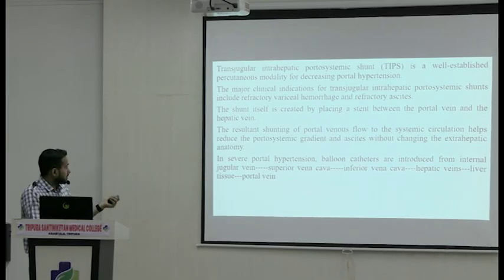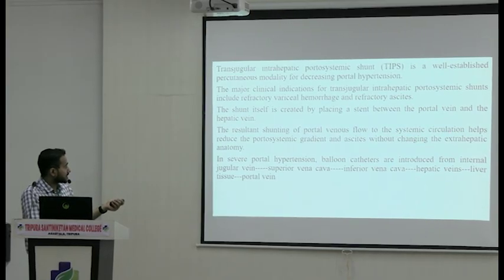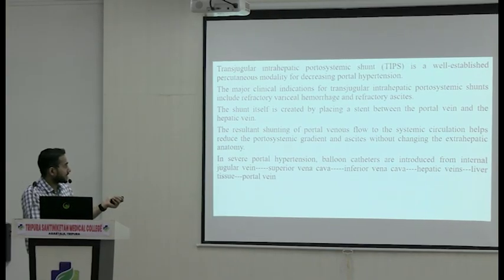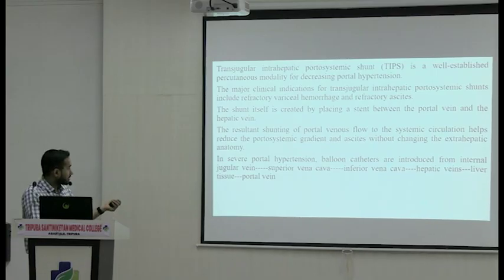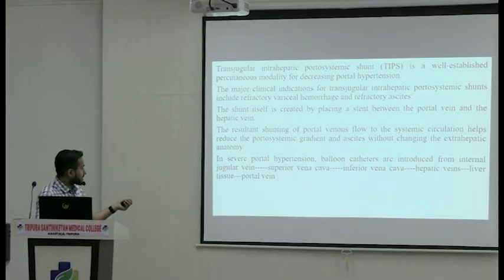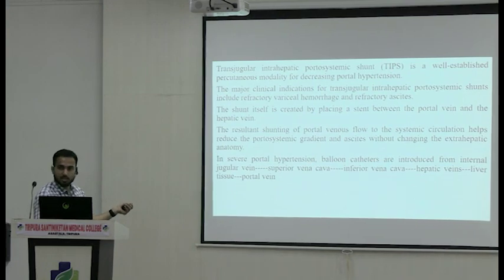Now the resultant shunting of portal venous blood flow to the systemic circulation helps to reduce the portosystemic gradient. Now just see the direction. In severe portal hypertension, a balloon catheter is introduced into the internal jugular vein.